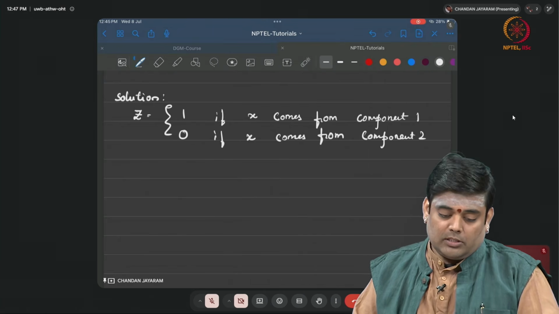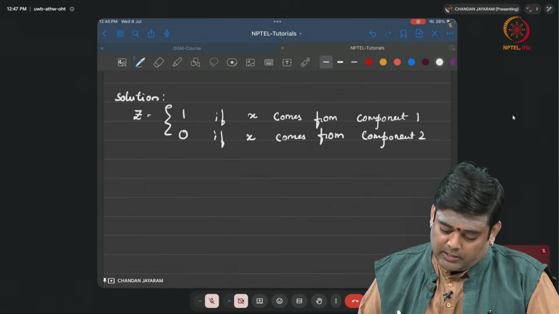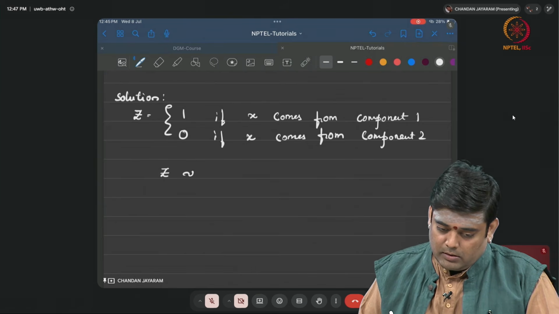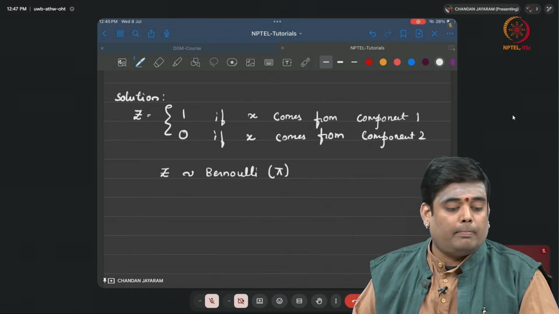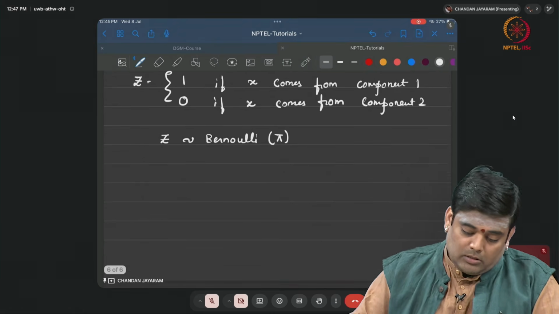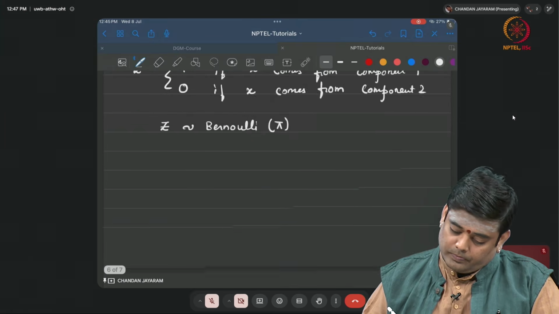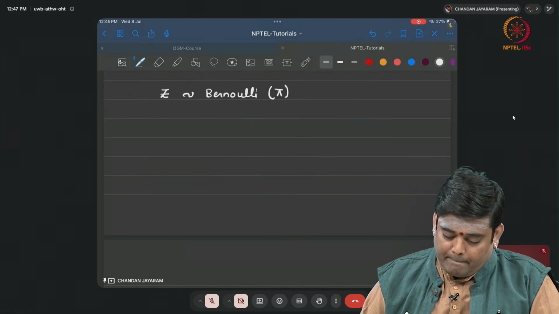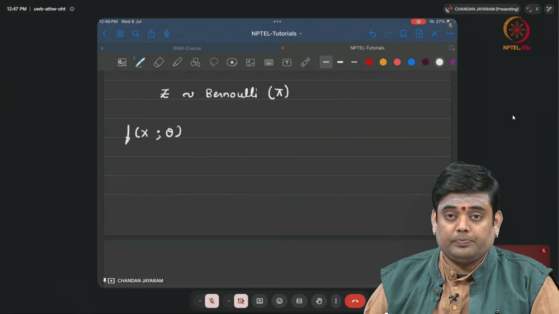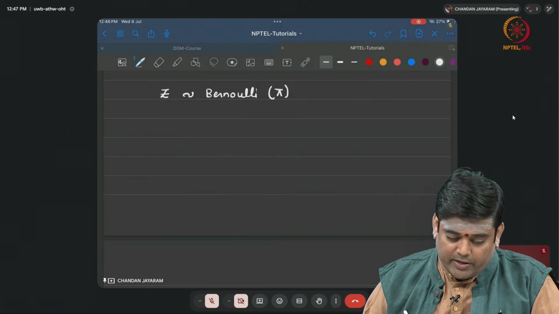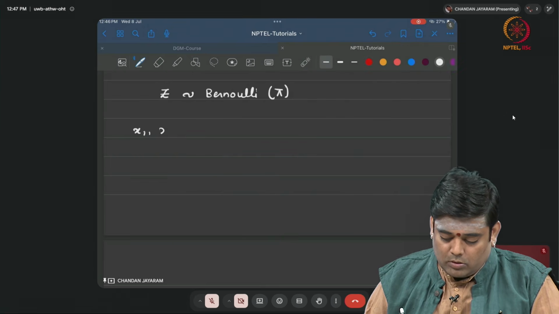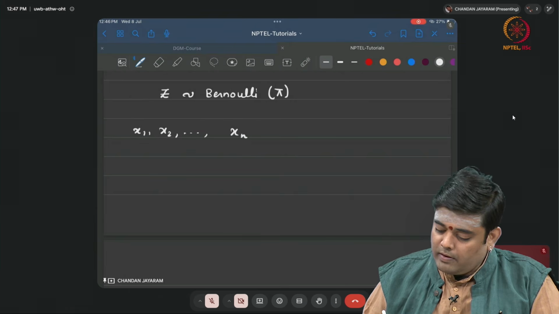This is a straightforward indication that Z is a Bernoulli with pi. Now we have f of x, z parameterized by theta, because we want the complete data. What we have is x1, x2, and so on till xn observations.